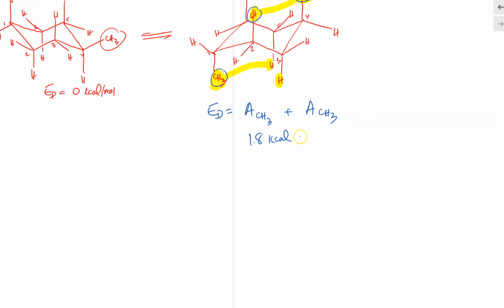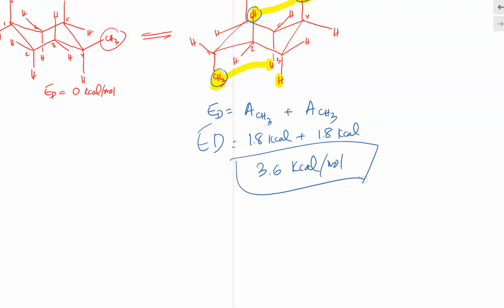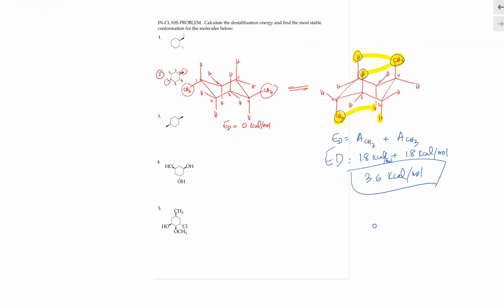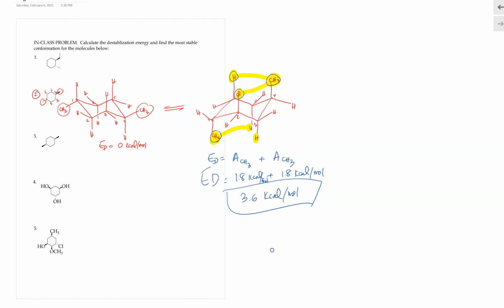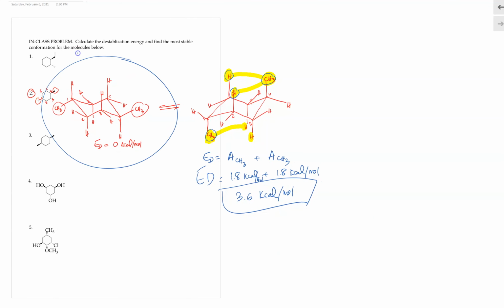And this one right here is also 1.8 kcal per mole. So adding together, the total ED for this will be 3.6 kcal per mole. So it is very easy for us to see that between these 2 conformations, this will be the more stable one.